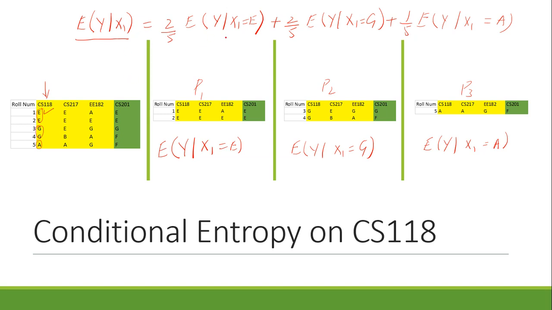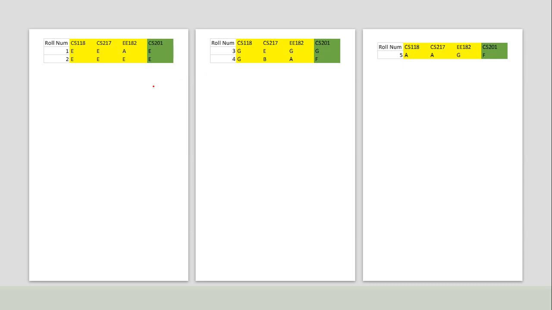So let's calculate these three entropies. Here are the three partitions. I would use the same formula again, but with this partition now. For this partition, the entropy of Y, given that x1 has the value excellent, is equal to minus the summation over J of probability of J times log base 2 of probability of J. So to calculate this, I have this value.